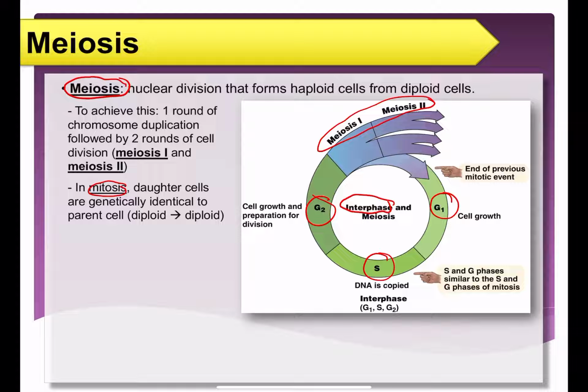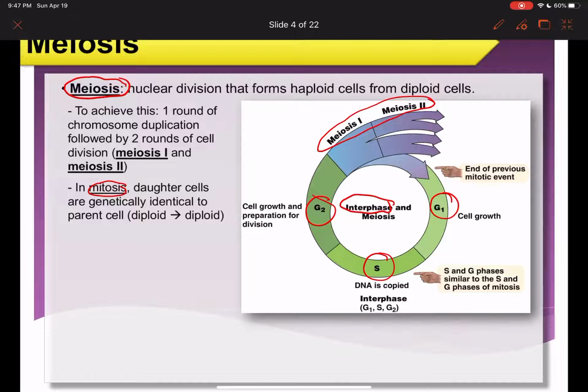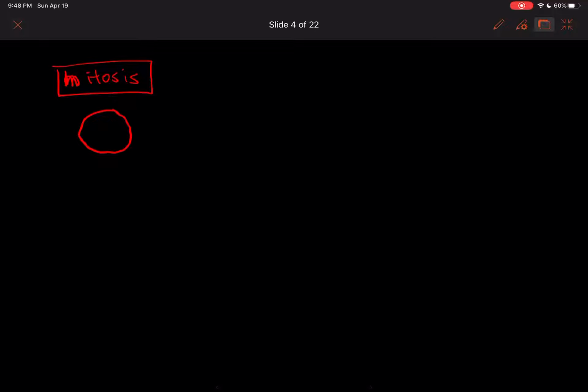genetically identical. Okay, so let me draw this for you so you know what I'm talking about. For mitosis, you have 1 cell that started off with 46 chromosomes. After S phase, which is the DNA synthesis phase, now you have 96 chromosomes because they're duplicated.